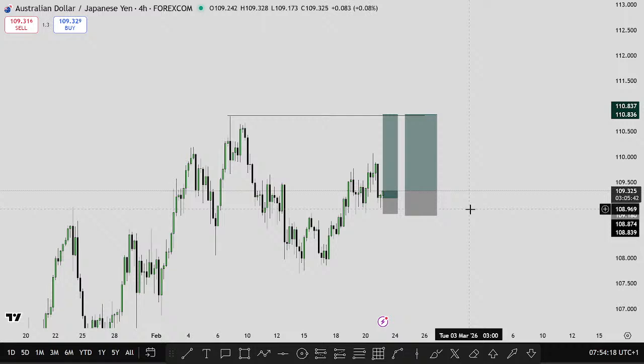Alright. So I'm going to take this one, AUDJPY. Where is this thing? Okay. So current market price, stop loss way below. So let's see.